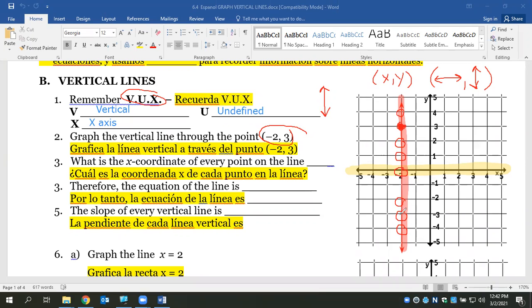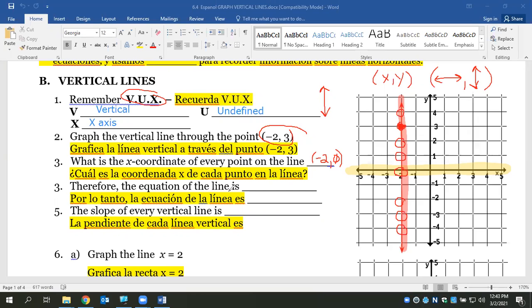This would be -2, comma, -3. This would be -2, comma, 2. This would be -2, comma, 3. So the x coordinate of every point on this line is going to be -2. I'm still going to put the coordinates in ordered pairs format.